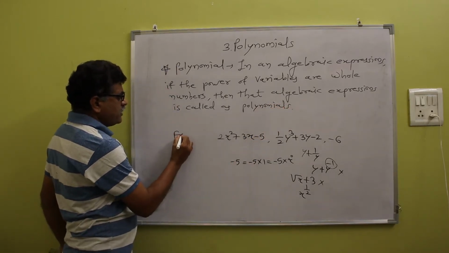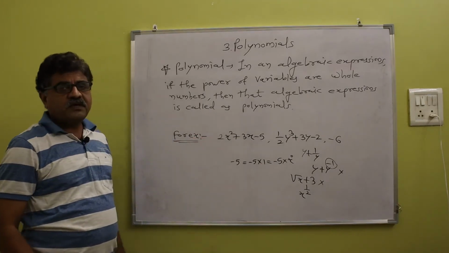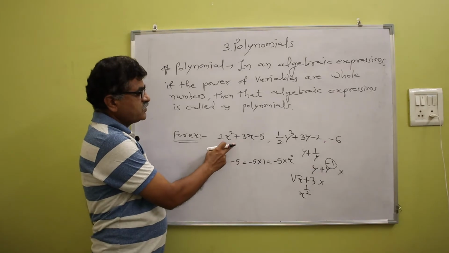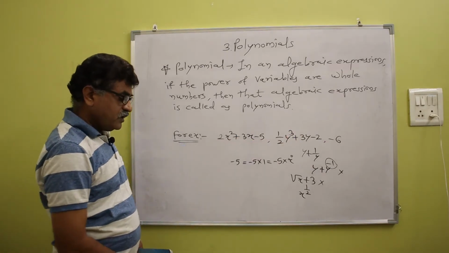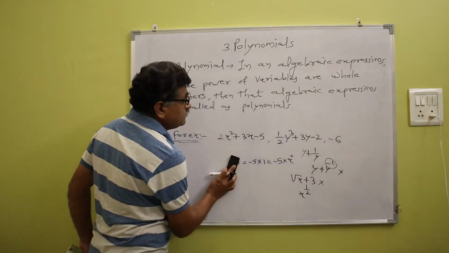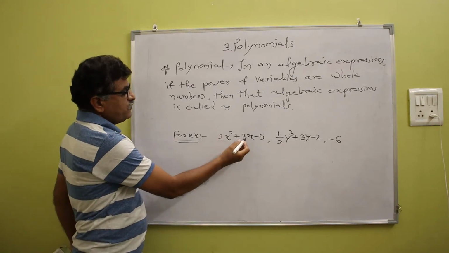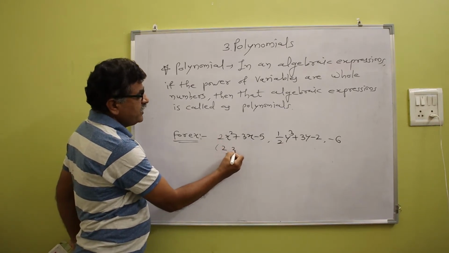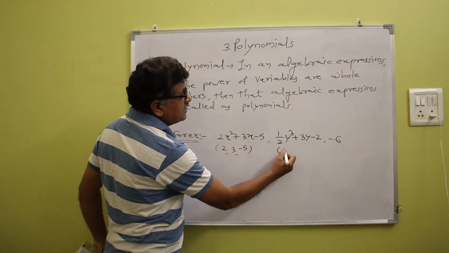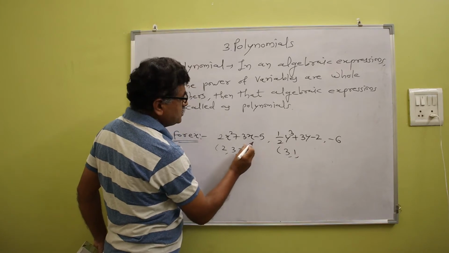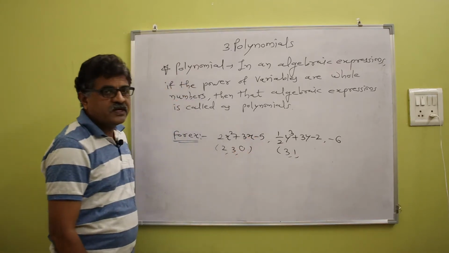Now for example, first example 2x square plus 3x minus 5, second and third. In the first, the powers of variables are 2, 1, and since the constant has power 0, the powers are 2, 1, 0.